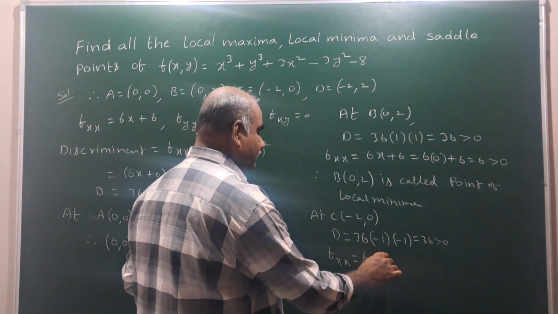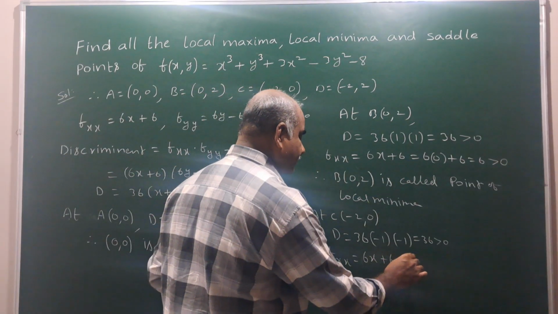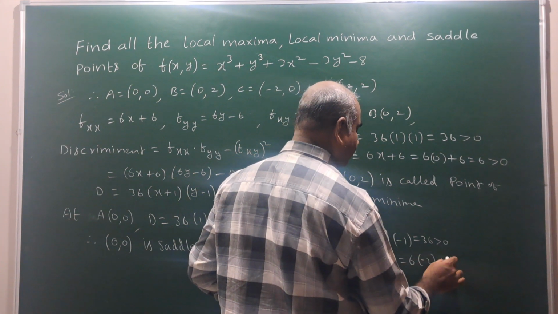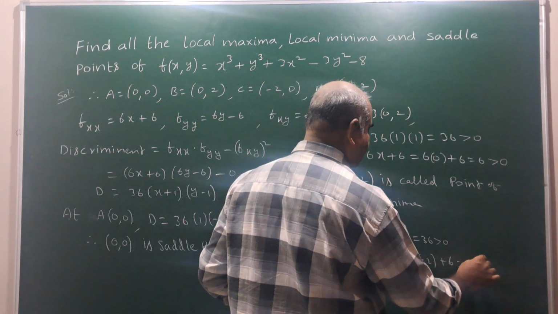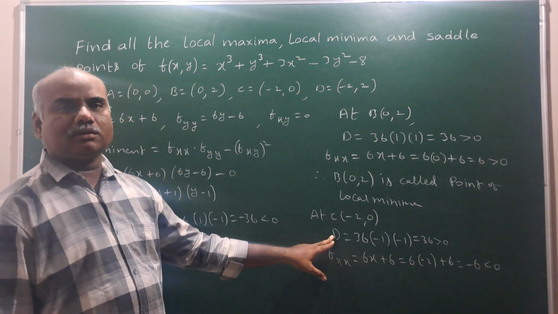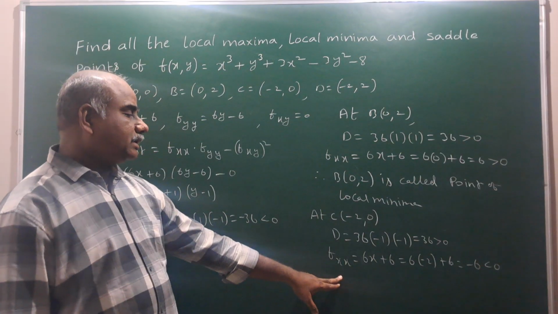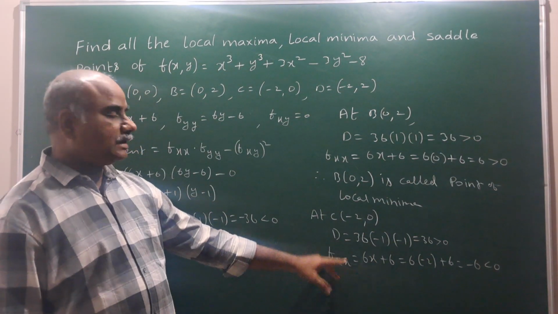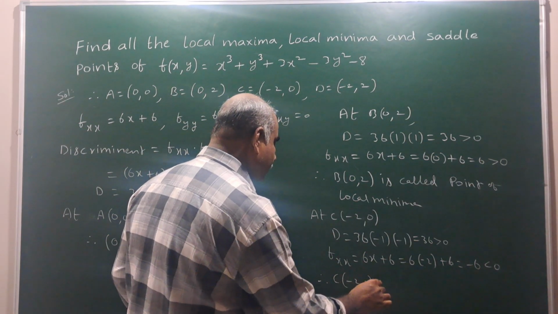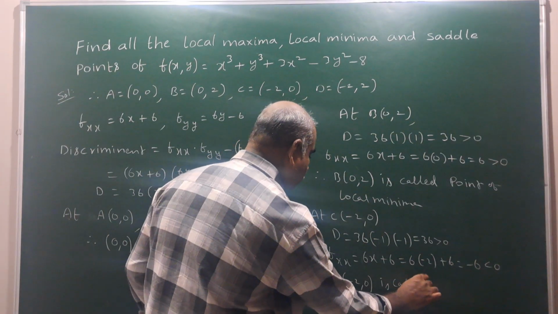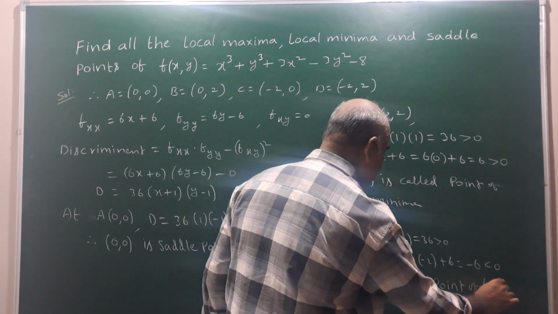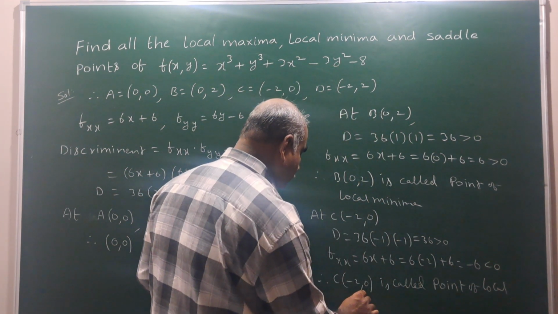What is fxx? 6x + 6. So 6 into -2 plus 6, so -12 + 6, which is equal to -6, less than 0. If discriminant is greater than 0 and fxx is less than 0, then the function has local maxima at this point. Therefore, c (-2, 0) is called the point of local maxima.